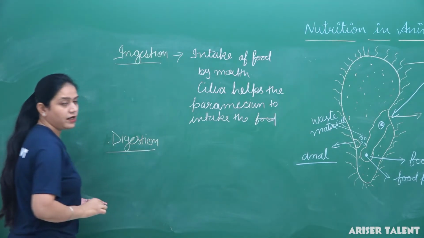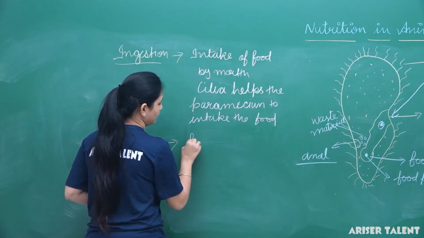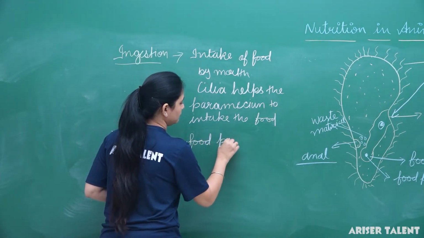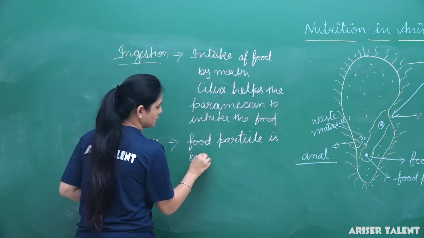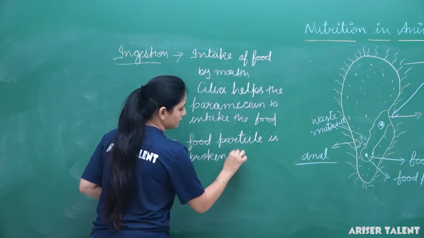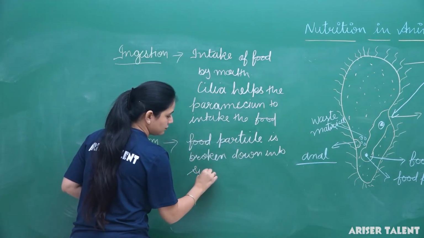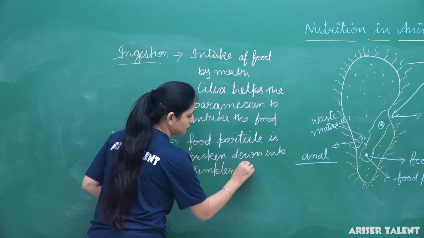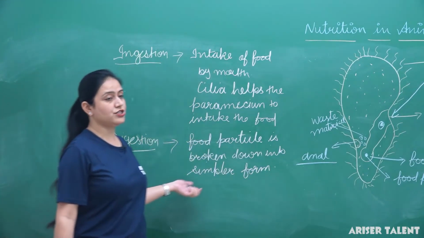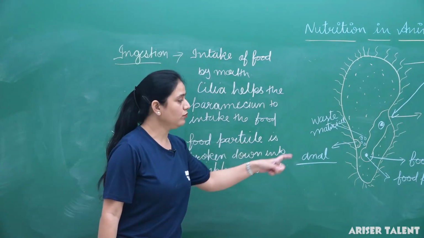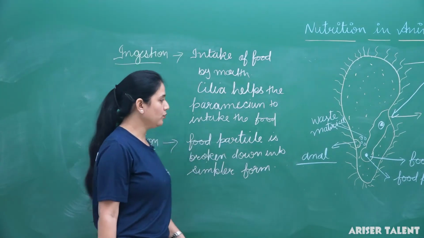Same like amoeba, food gets digested. The food particle is broken down into a simpler form. This process is known as digestion, and it gets broken down by the enzymes which enter the food vacuole from the cytoplasm.